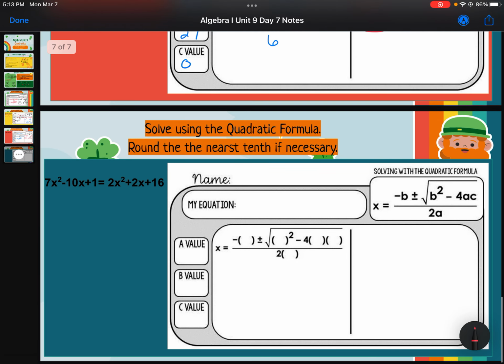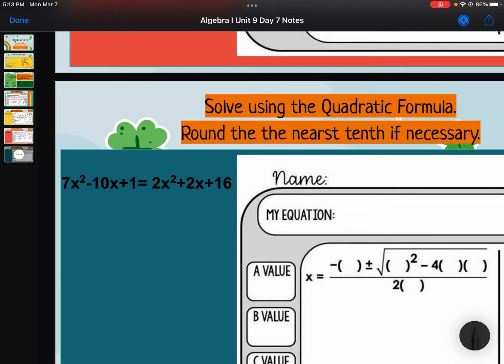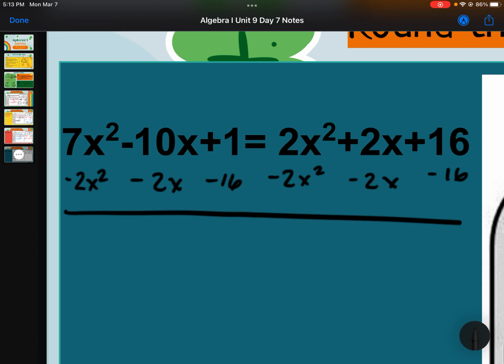I really encourage you to pause your video and try to solve this one out on your own and then check using the video. Okay, so my first step, I want to get everything to one side. So I'm going to subtract 2x squared, subtract 2x, subtract 16 on both sides. On the left-hand side, 7 minus 2 is 5x squared.